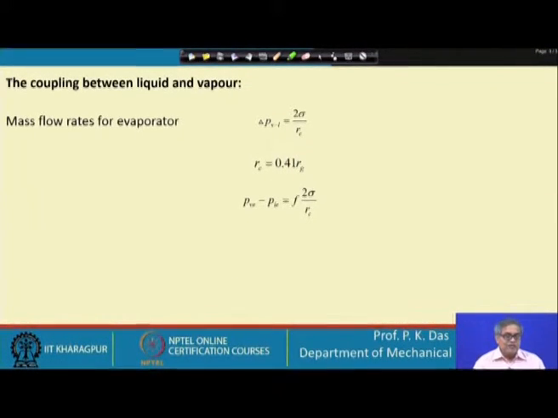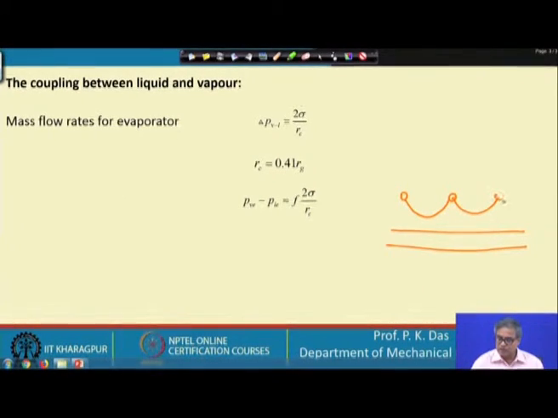First we are looking at the coupling between liquid and vapor. If we think of the evaporator section, this is a very exaggerated way of drawing it.